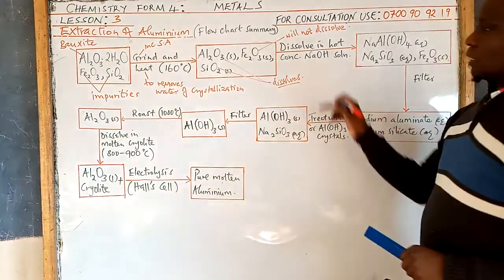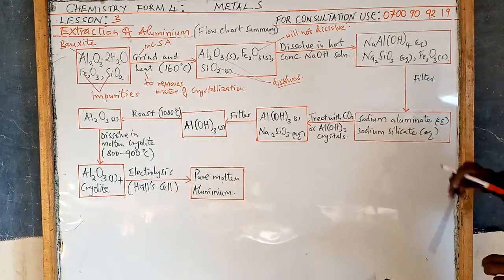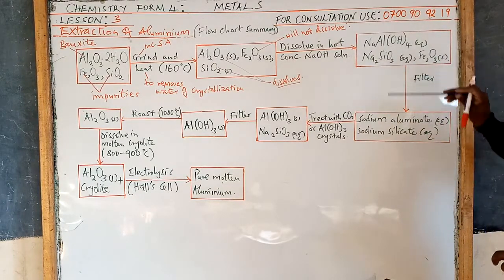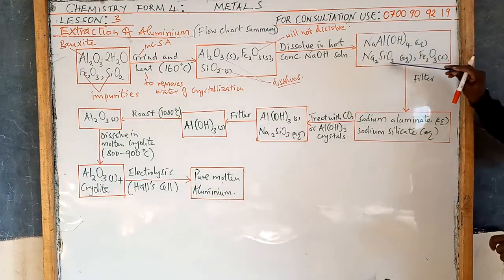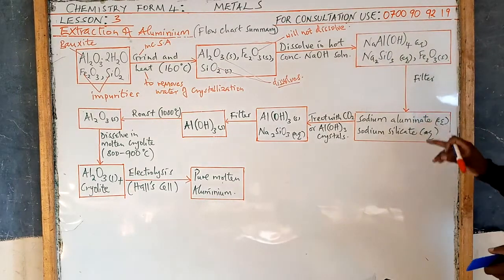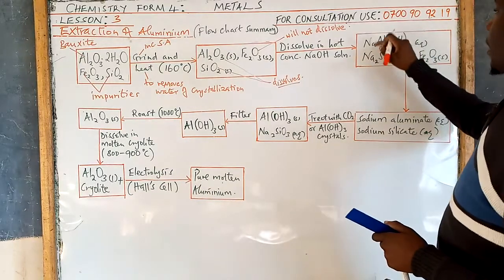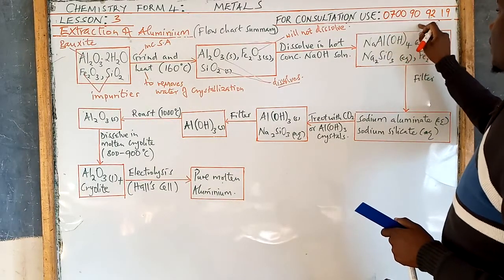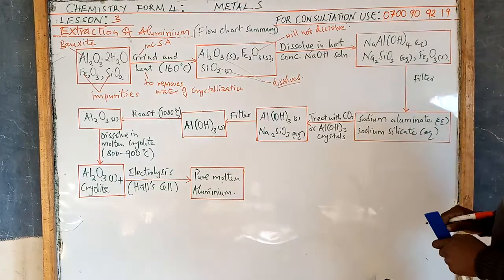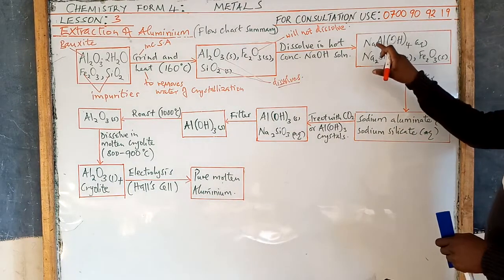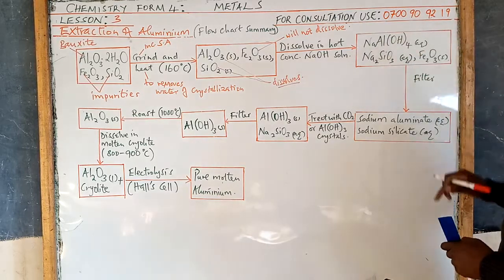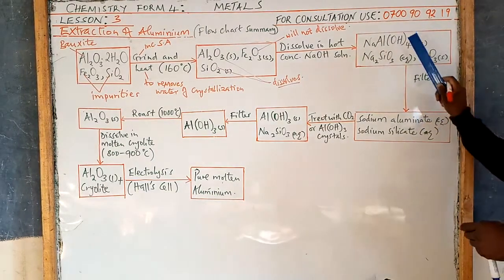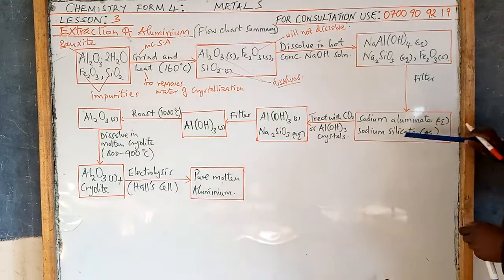So they dissolve in concentrated sodium hydroxide, forming sodium aluminate solution and sodium silicate solution. So in the ionic form, this is the one that we had in brackets, then minus sign at the top. So just cancel sodium, put the square brackets and minus sign, gives you the aluminate ions. So it's sodium aluminate, and sodium silicate.